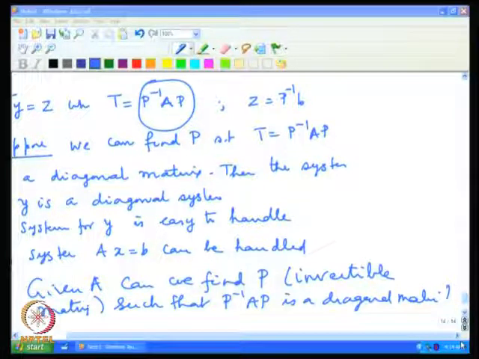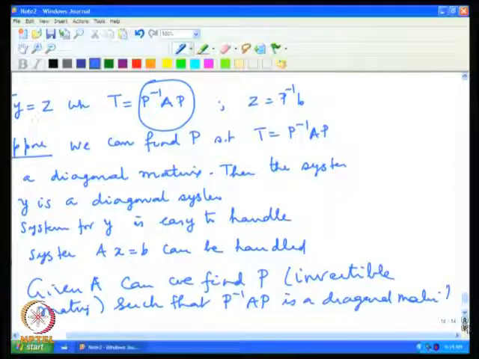So, it turns out that for certain types of matrices, we can find a P such that P inverse A P is diagonal, and for certain types of matrices we cannot find a P such that P inverse A P is diagonal. Now, therefore, it raises the question, under what conditions can a matrix A provide you with a P such that P inverse A P is diagonal?